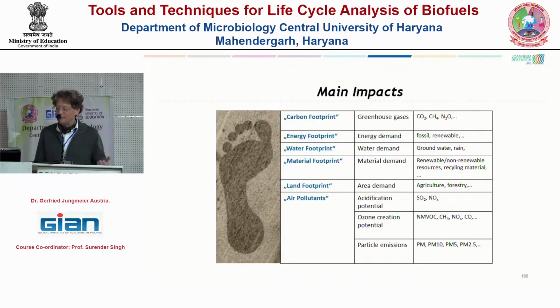In the LCAs we perform at Joanneum Research, we have these 4 or 5 main impact categories where we are really sure that the assessment works perfectly: the carbon footprint, the energy footprint, the water footprint, the material footprint, the land footprint or land occupation, and some conventional air pollutants, the SO2, the NOx, the particles.